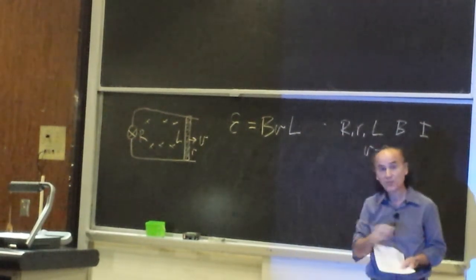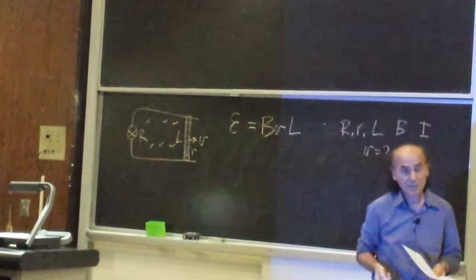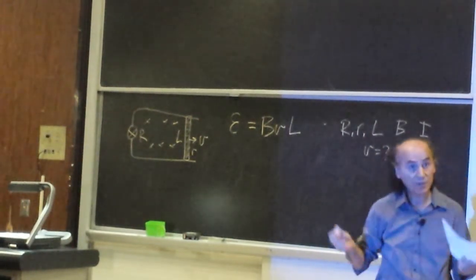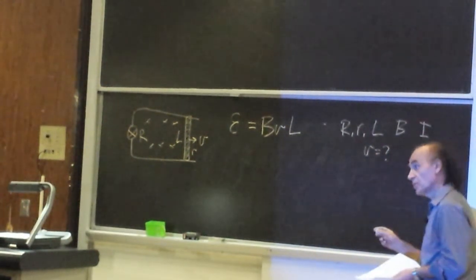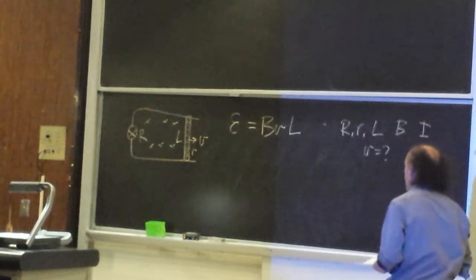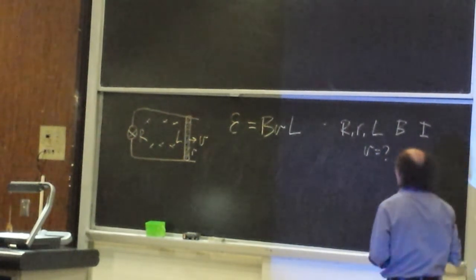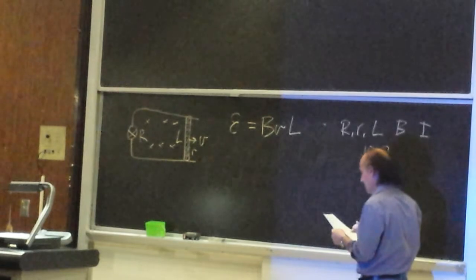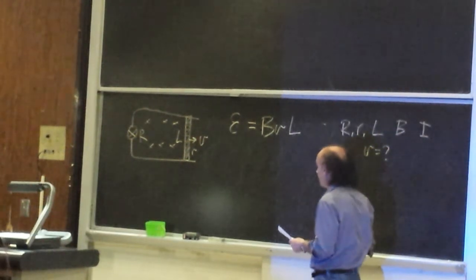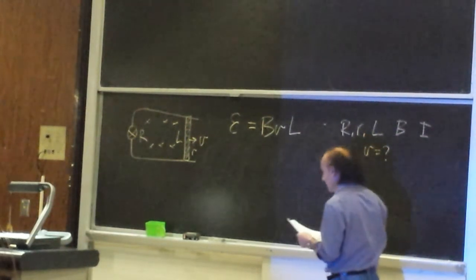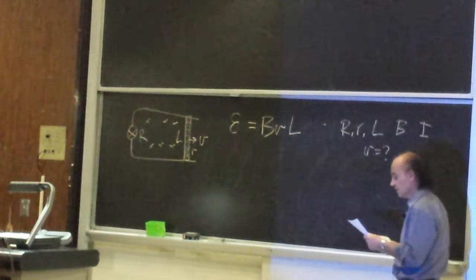If you move too fast, you can create too much current and your bulb can burn out. If you move it too slow, you may not have any light in the bulb. You should determine at what speed you should move this bar in order to get this particular current in this circuit.